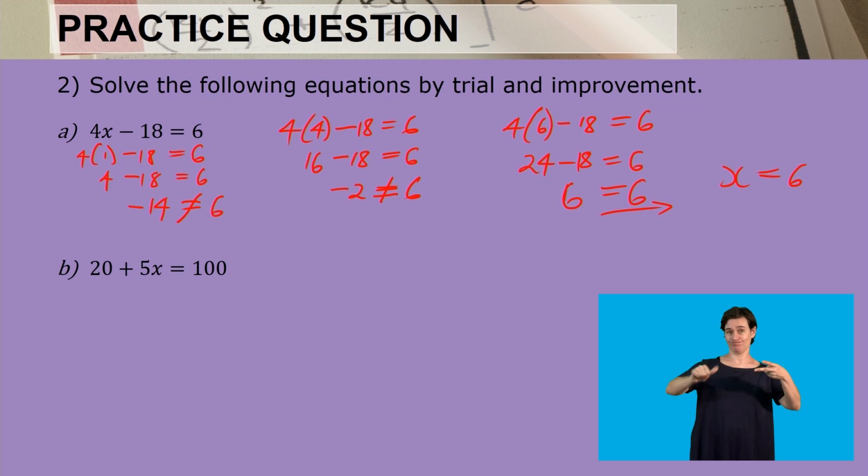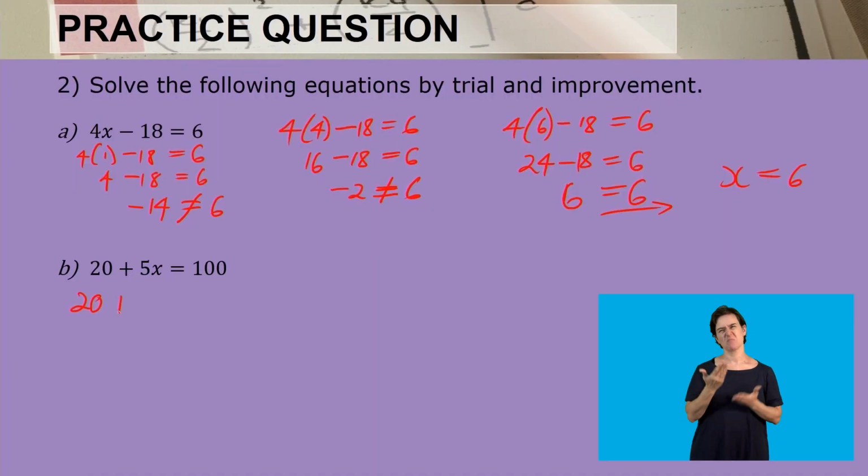Let's look at the next one: 20 plus 5x equals 100. Let's look at that equation together. We have 20. I'm looking for a number that when multiplied by 5 and added to 20, you should get 100.